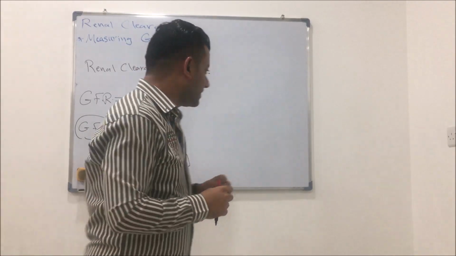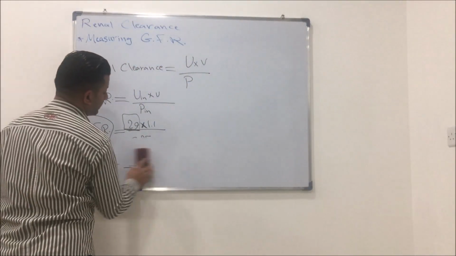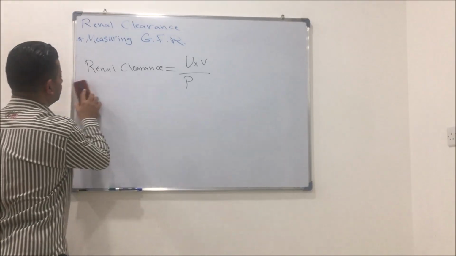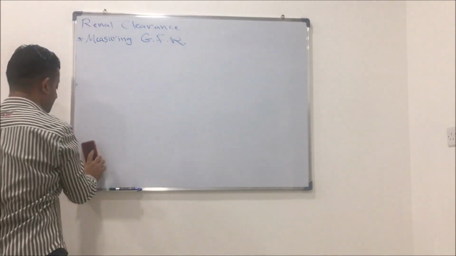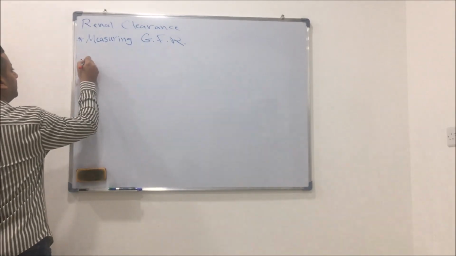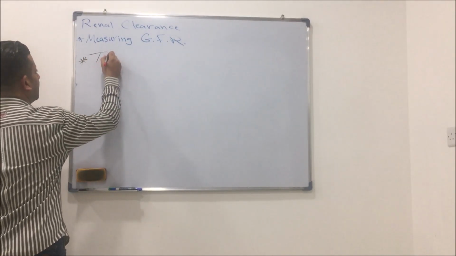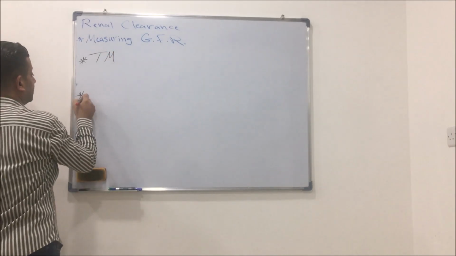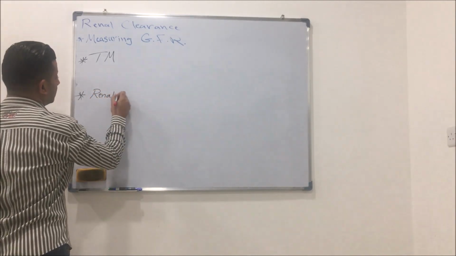And let's speak about another important thing. We have two terms, the tubular maximum transport and the renal threshold.